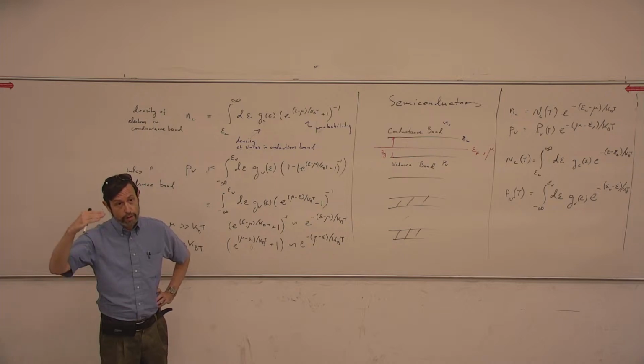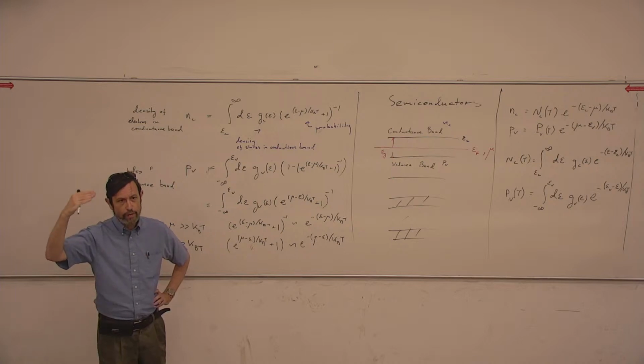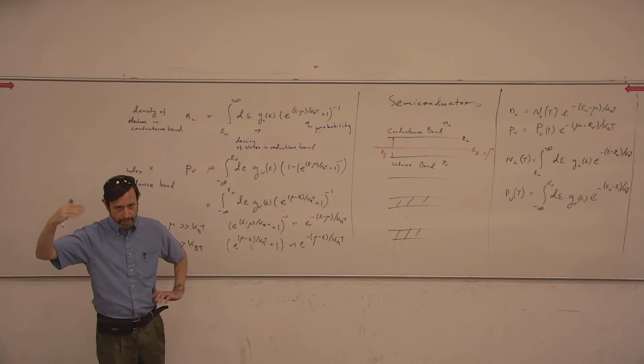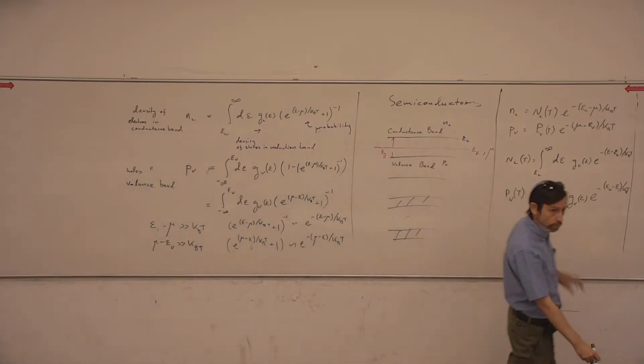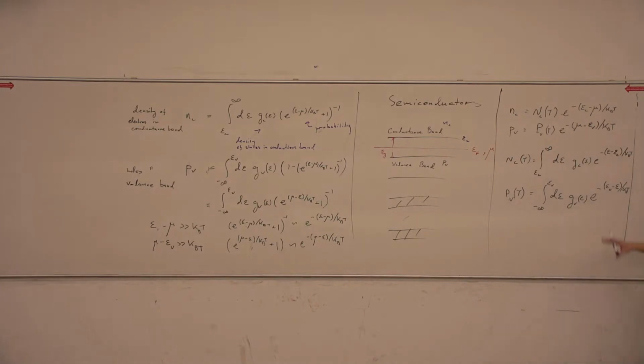Right? Because mu is not Fermi energy, and we have to write down some constraint on the number of particles that will define mu. These two guys don't depend on mu. They depend only on the intrinsic properties of the band, no matter what is mu. And you see temperature, but nothing else.